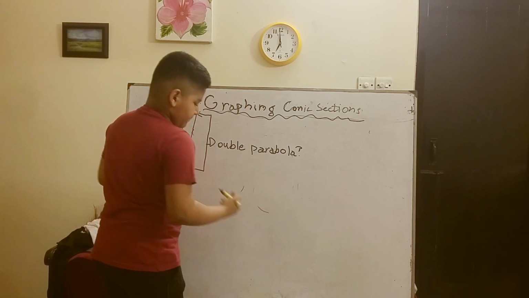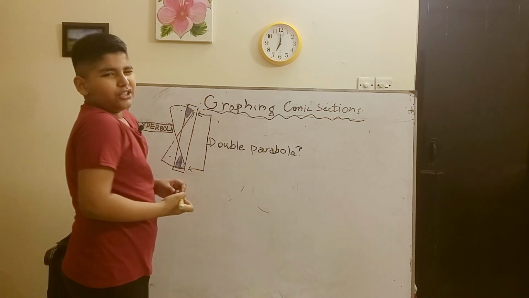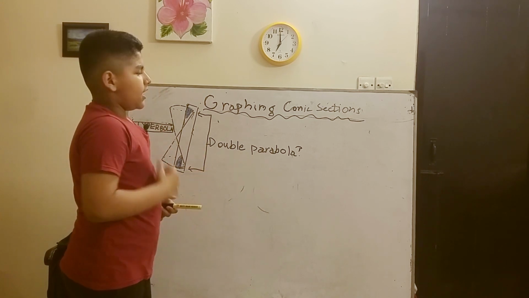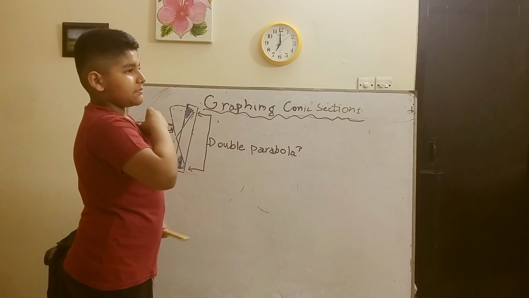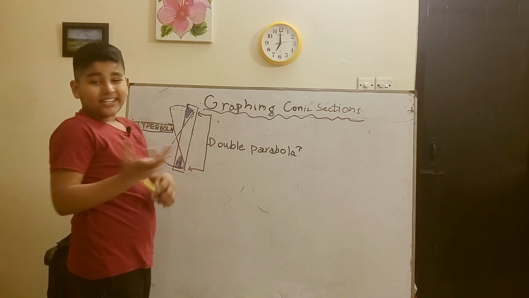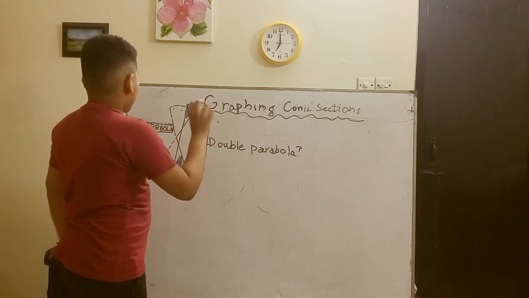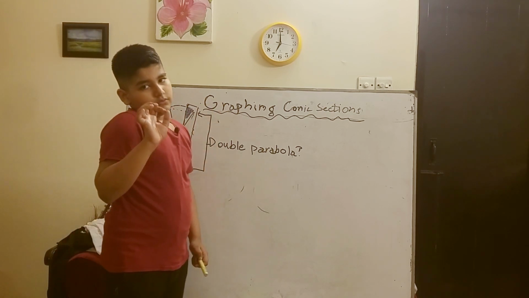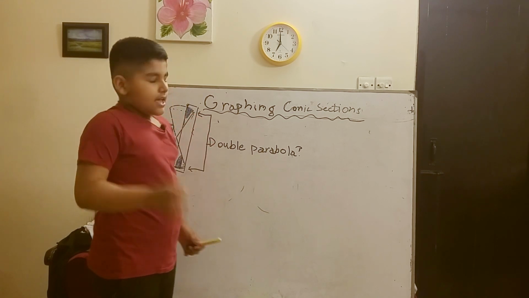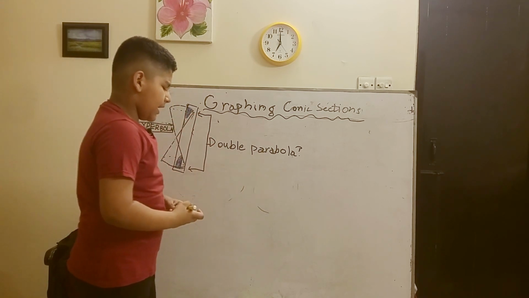Well, I mean, it is close to a double parabola, very alike to a parabola. It has kind of the same shape like that, but it is more related to an ellipse than a parabola. Let me tell you how.